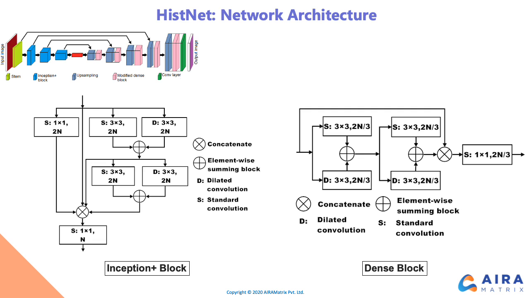Importantly, 2 branches share a convolution operation as this allows more efficient parameter use. A convolution 1x1 layer is used to control the number of feature map channels after the concatenation. Inception plus block uses dilated convolution in parallel to standard 3x3 convolutions. The dilation rate of the convolution adds further ability to extract multi-scale information.